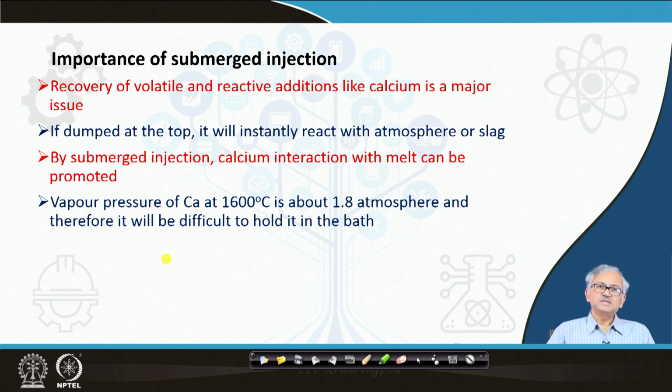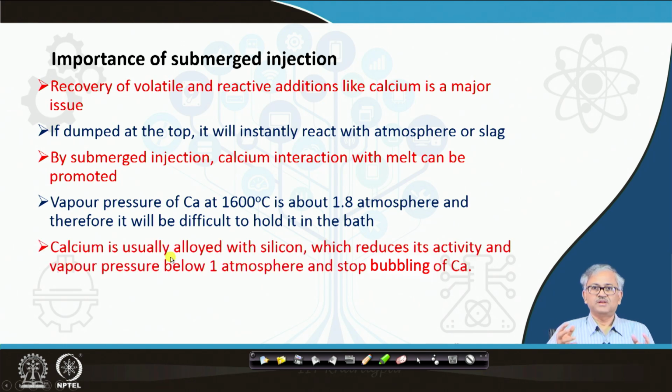That is why calcium is usually injected in the form of an alloy. It is made either as calcium silicide, and then injected into the metal bath. If you make an alloy, then obviously the activity of calcium in the alloy will be less.